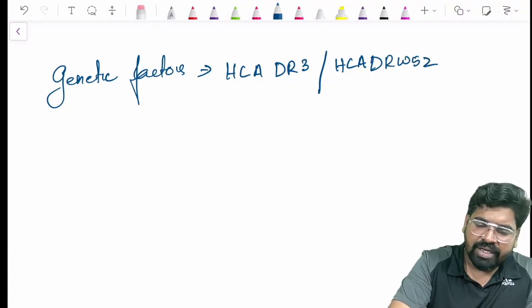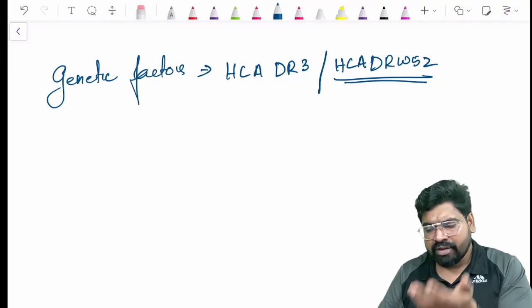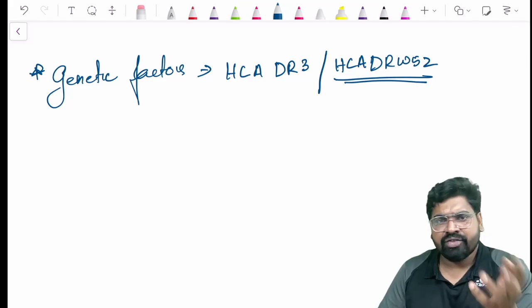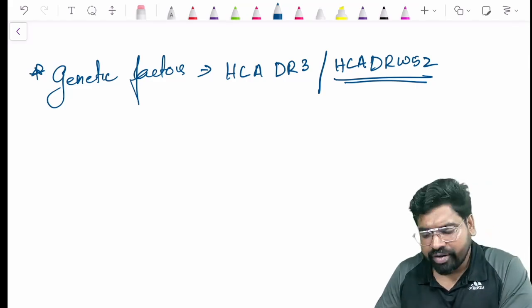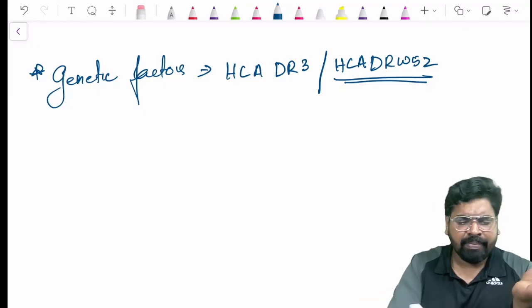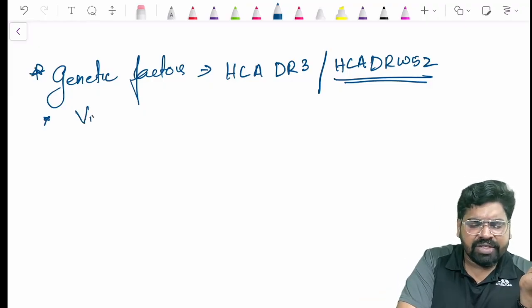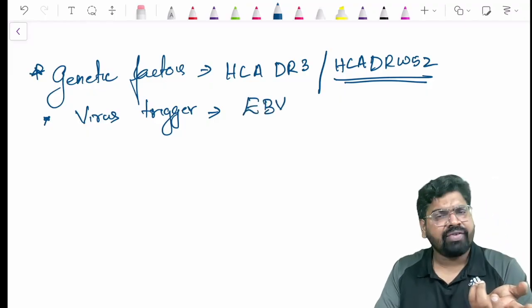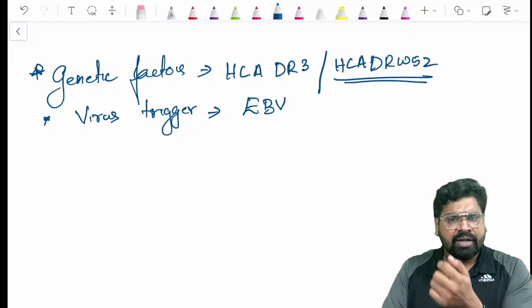HLA-DRW52 was in the options. These are the HLA factors, or genetic factors, which can cause Sjogren syndrome. Some question papers say that the virus which can trigger Sjogren syndrome is the Epstein-Barr virus, EBV. Sometimes EBV infection can trigger Sjogren syndrome.